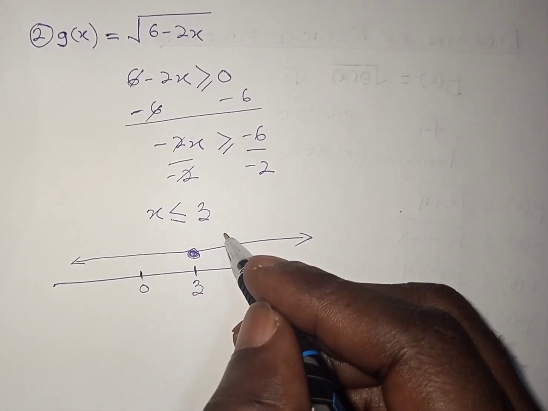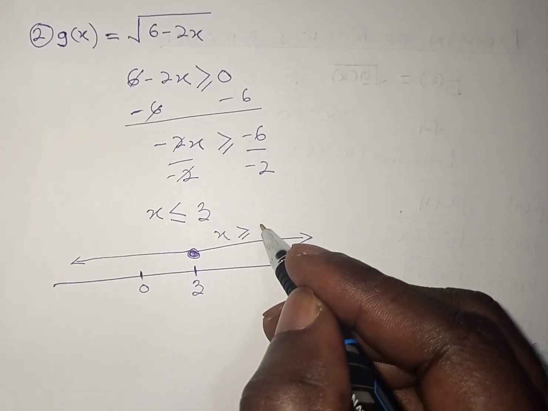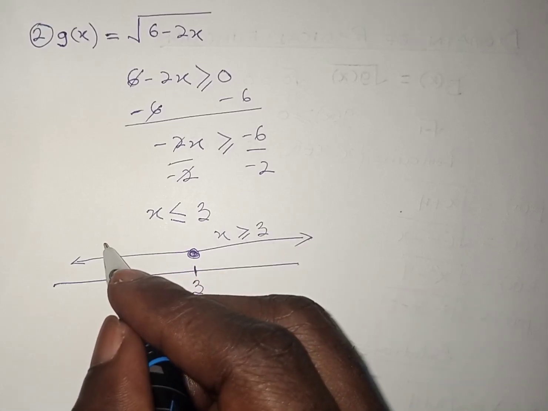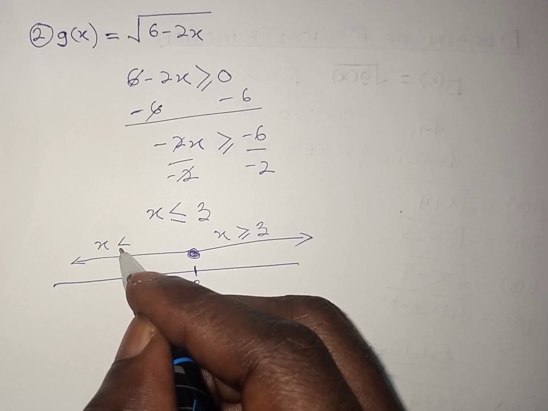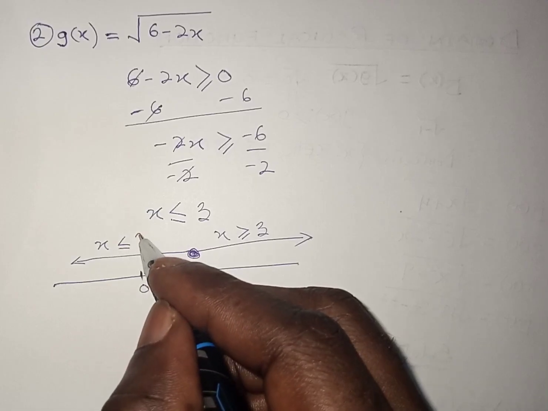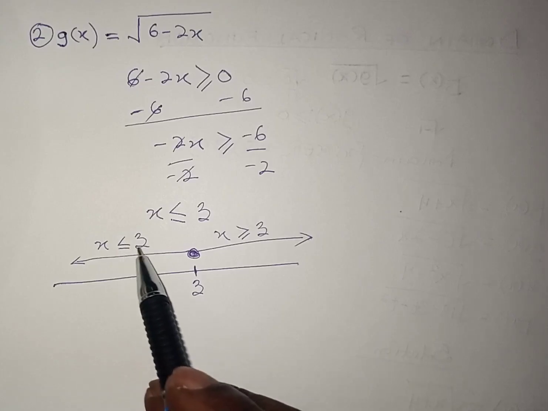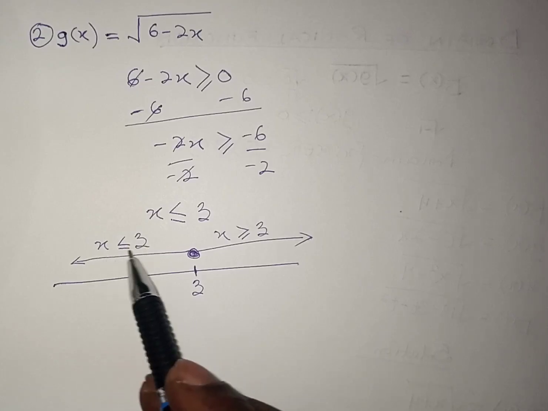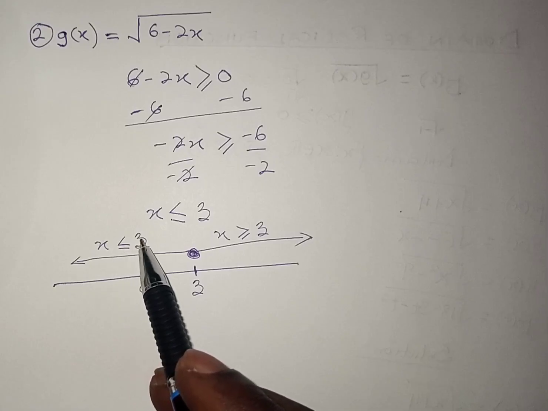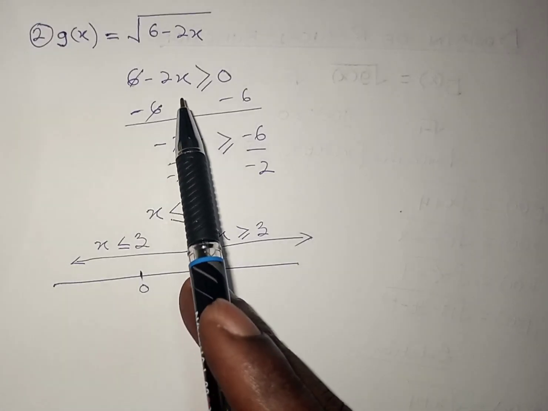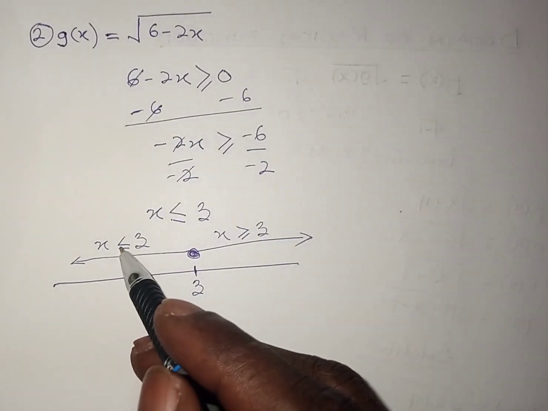For the right direction, we are saying that x should be greater or equal to 3. For the left direction, we say that x is less or equal to 3. So this one we need to test. If that is the case, then for the left side, I'll pick numbers that are less than or equal to 3 and substitute into the value to see whether it will work.